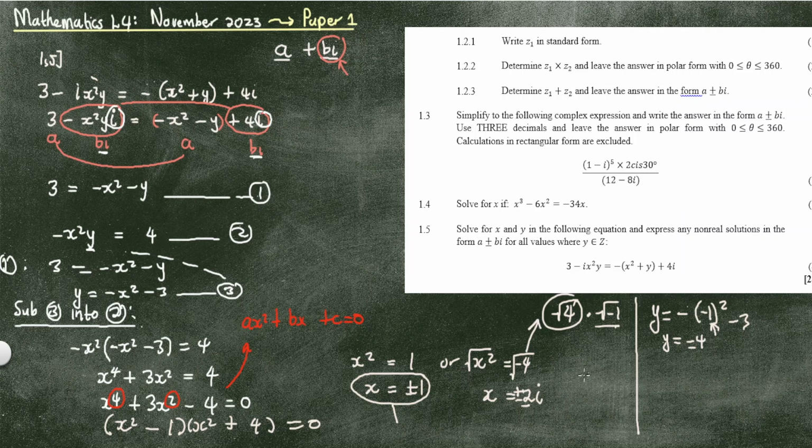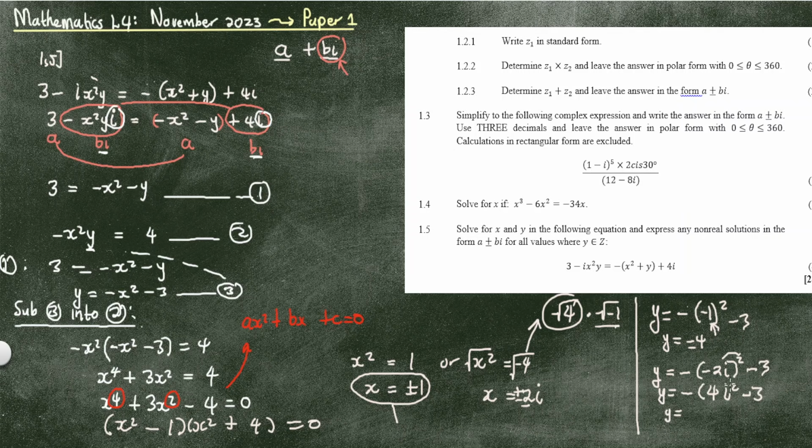And then for the plus or minus 2i, y is equal to minus negative 2i squared minus 3. So this one is going to be minus, what is negative 2 raised to exponent 2? That's positive 4 i squared minus 3.